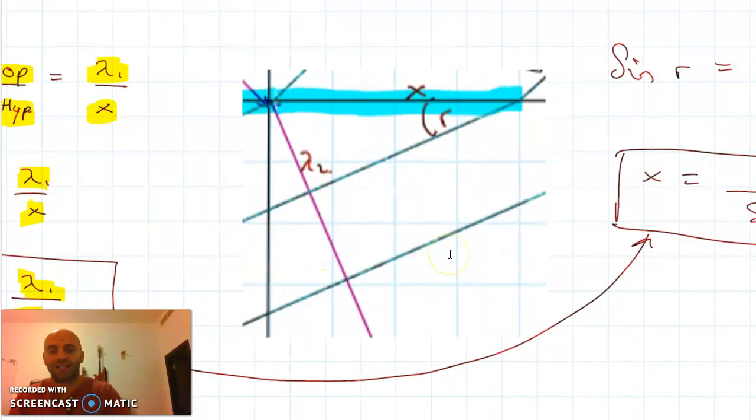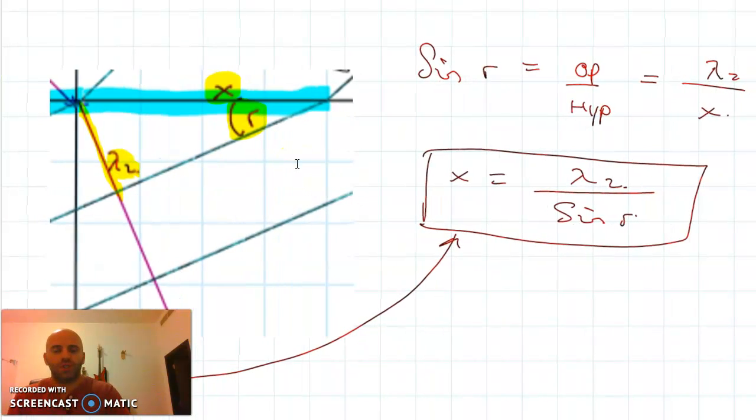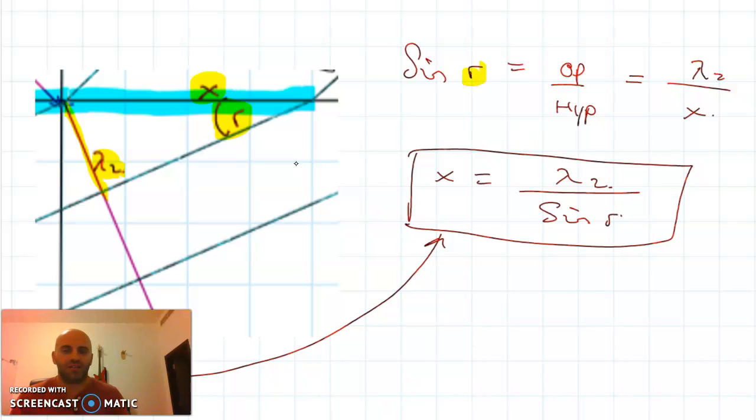I'm going to do the exact same thing now for the other side. This is the lower half of the triangle. This is the refracted ray coming out, and we've got lambda 2 here. I've got my refracted angle here, and notice that here is x. So again, I'm going to take the sine of the angle of refraction, which is the opposite over the hypotenuse.